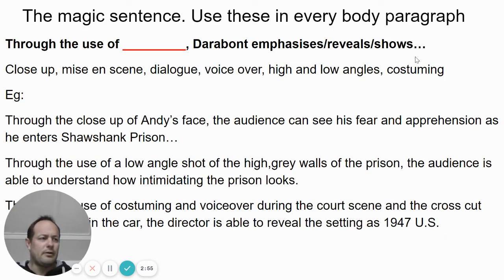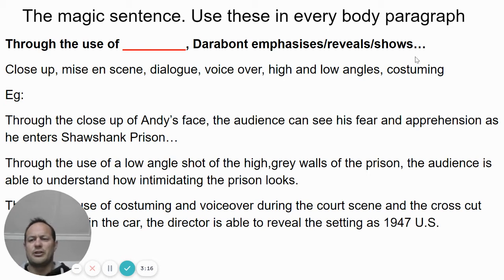Now, we've got a trick, a cheat, if you will. We've got something that we use in every body paragraph, and this shows that we're analysing. Okay, we're ticking that box, and here is the form of that sentence.